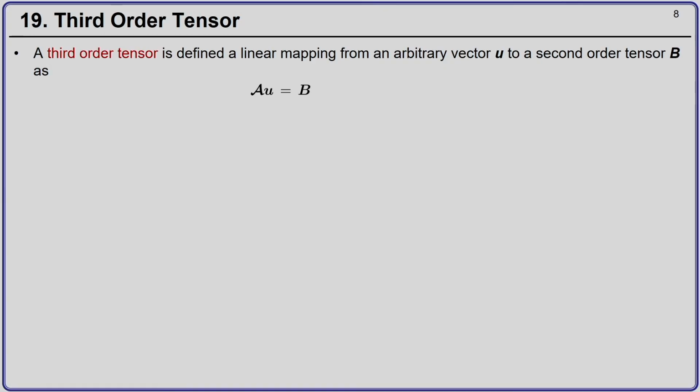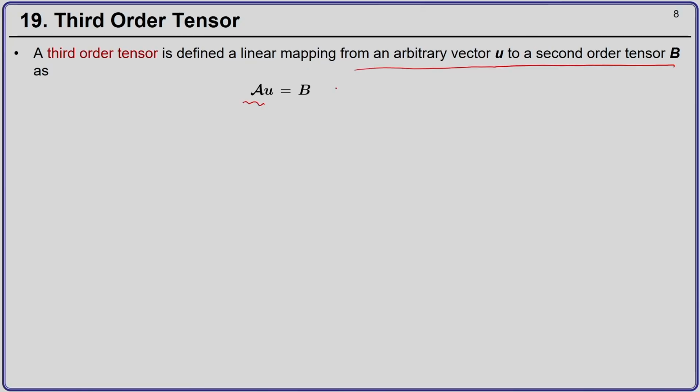So, a third order tensor is defined as a linear mapping from an arbitrary vector u to a second order tensor B. Okay. So, you see the symbol here, it is a calligraphic A, that is how we represent higher order tensors. Third order or fourth order, we will use the calligraphic bold symbol.